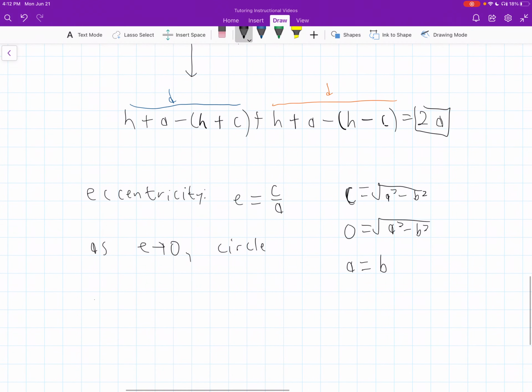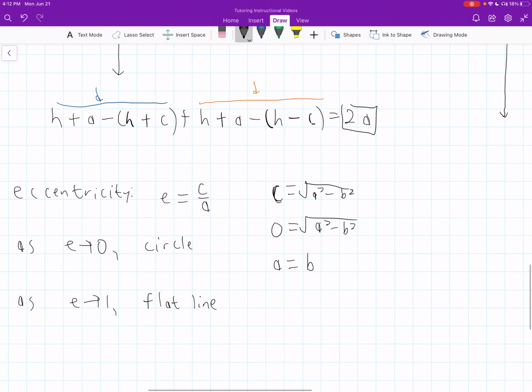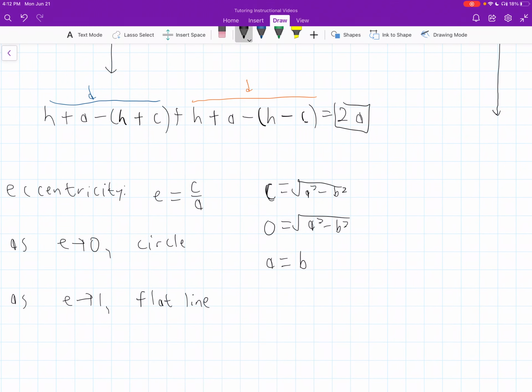And then as e approaches 1, we get a flat line. This is true because if e is 1, that implies that a equals c. Going based on the formula c equals the square root of a squared minus b squared, I'll substitute a for c, and taking the square of both sides, you can quickly see that b has to be 0.